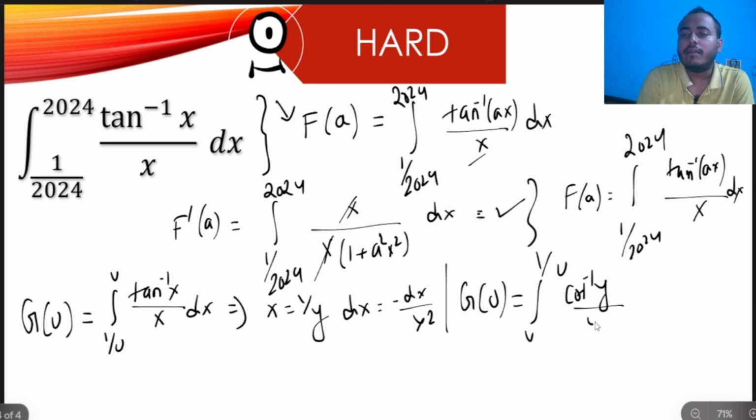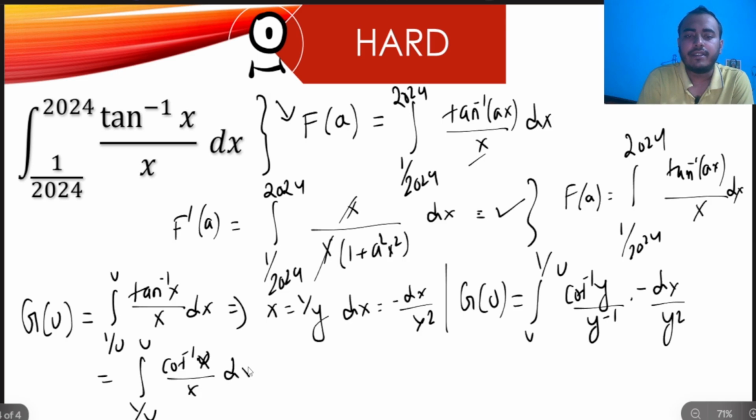Then x is y inverse, and dx is minus dy by y squared. Y squared times y inverse is nothing but y, and the minus gets in. So you simply get the integral from 1/u to u of cot inverse x by x dx. You can write it like this because y and x are interchangeable since it's a definite integration.